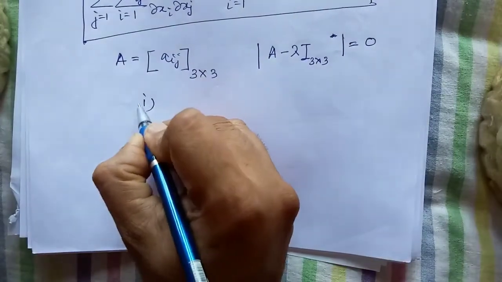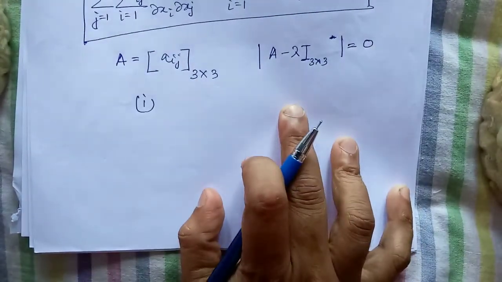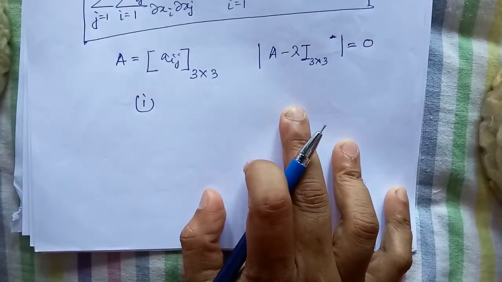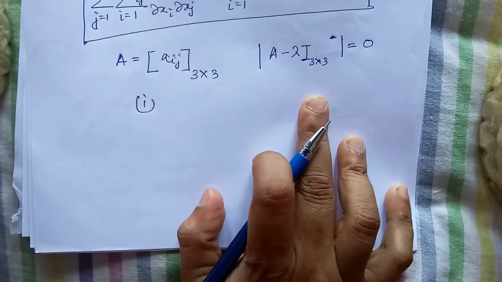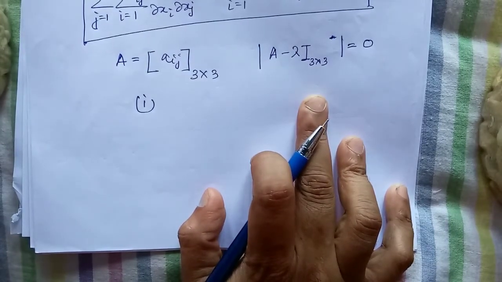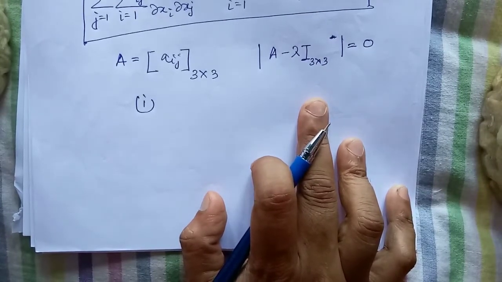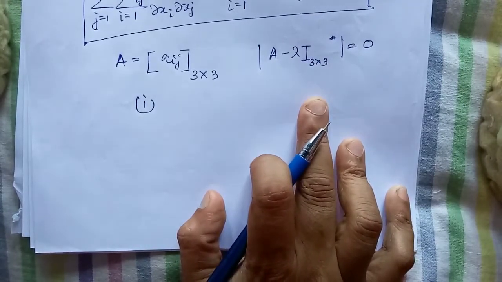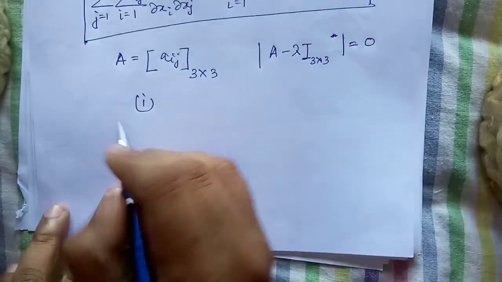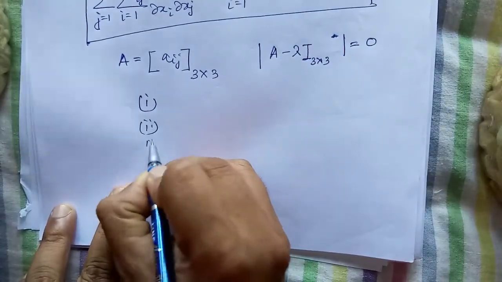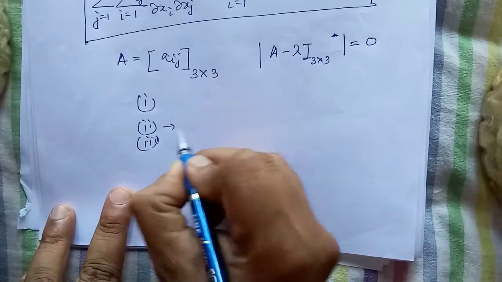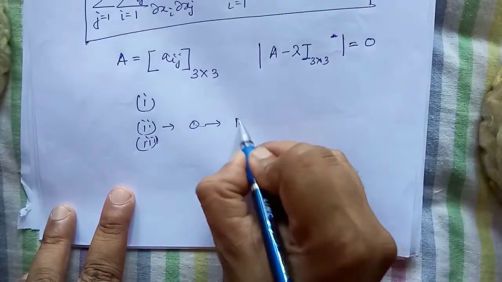Now what cases might you have? Either all the eigenvalues are non-zero, or there may be some zero elements. If at least one eigenvalue is 0, we will call it a parabolic one.